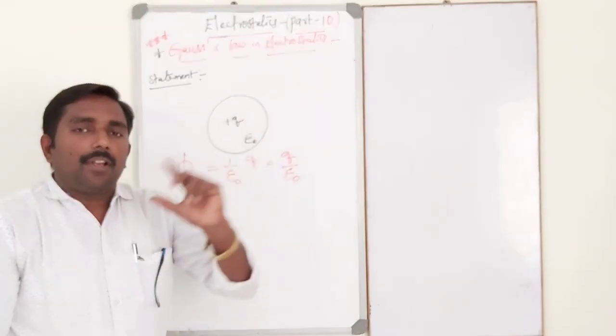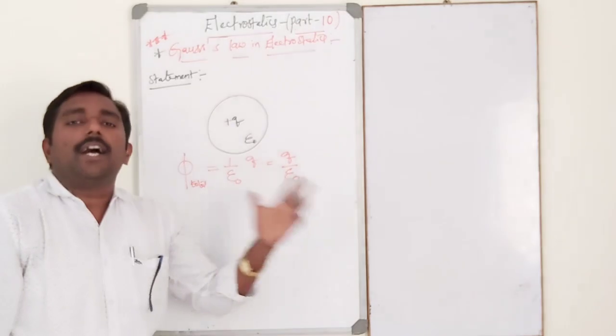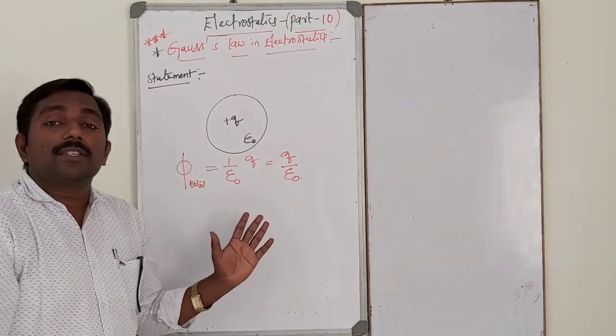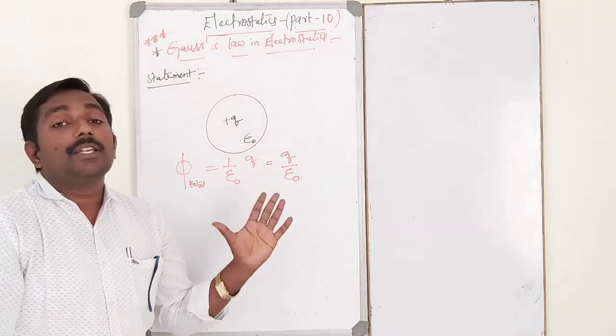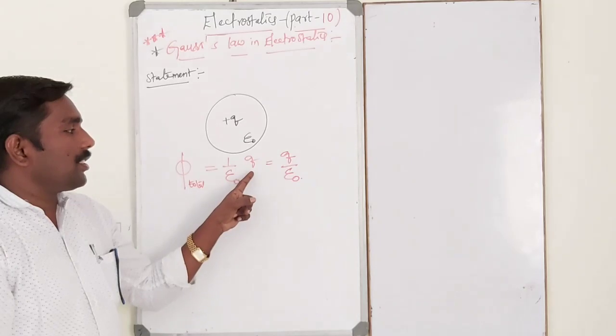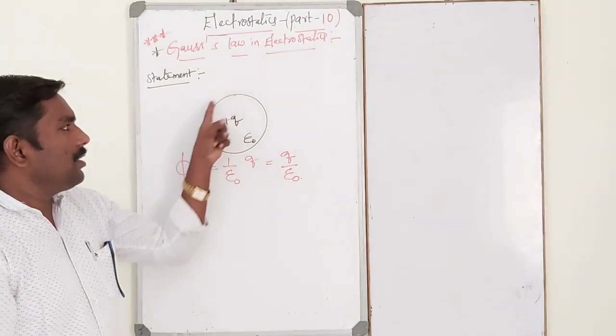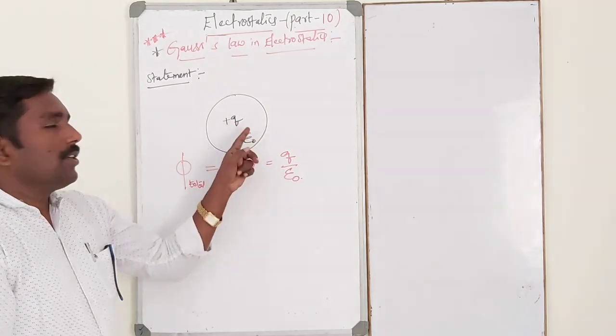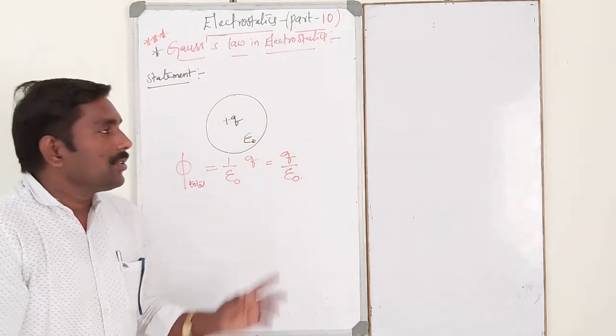Once again I will repeat. Gauss law states that the total electric flux in any closed surface in air or vacuum is equal to 1 by epsilon naught times the total charge enclosed within the surface.